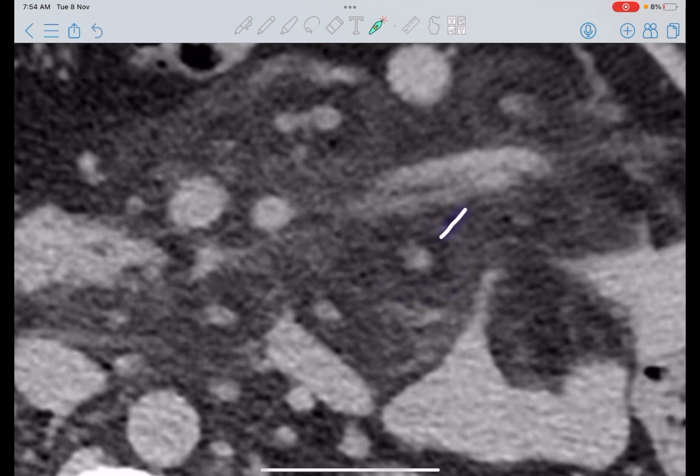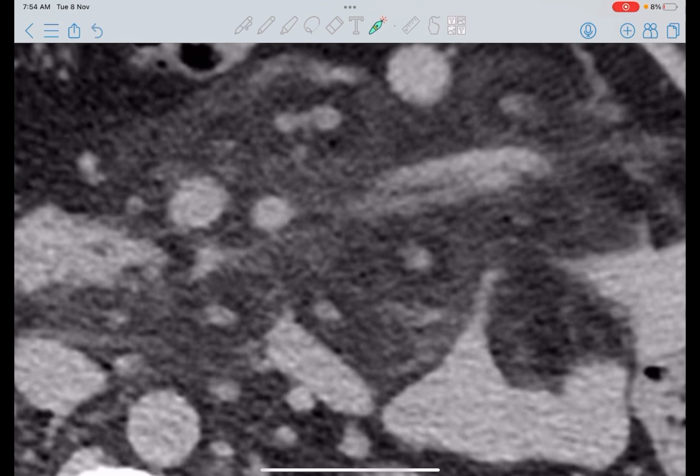These dark areas are preserved fat that gives it a ring-like appearance. So there is a blood vessel, there is preserved fat, and there is a surrounding sclerosed area. That is called the ring sign.